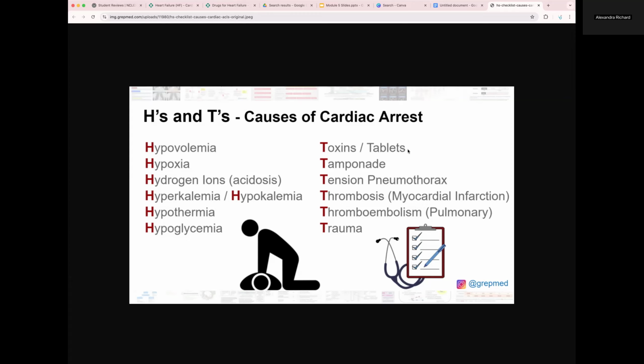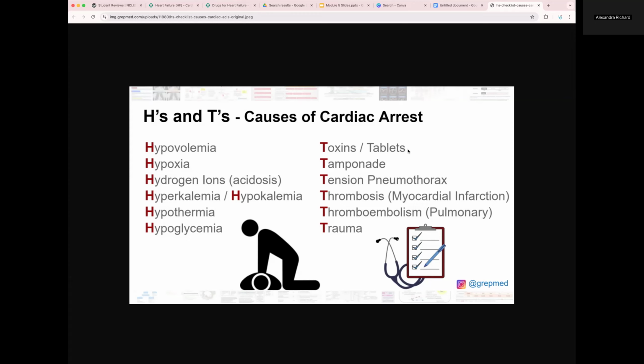Okay, so any patient who's in cardiac arrest, while we're doing CPR, because we do it as a team, when we're running a code, you have someone who's responsible for doing compressions. You have someone responsible for airway and respiration. You have someone responsible for getting the IV in and giving the medications. You have someone responsible for running the defibrillator.